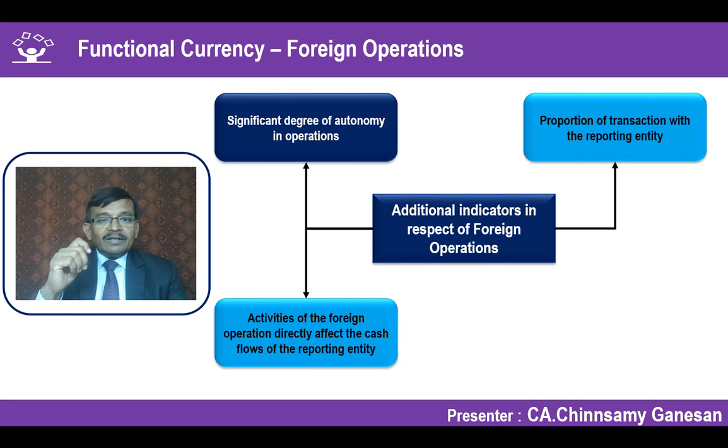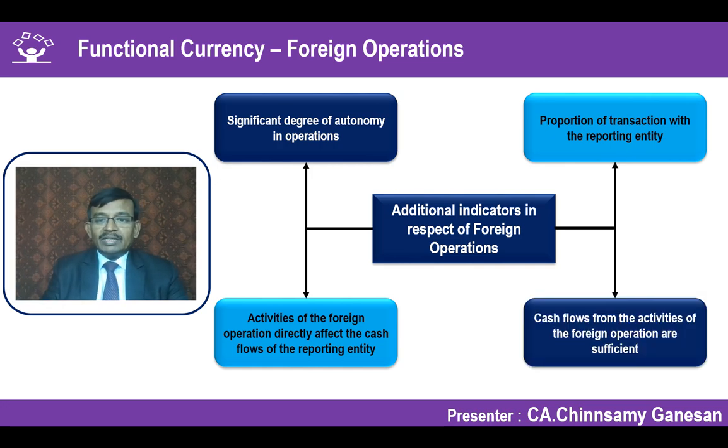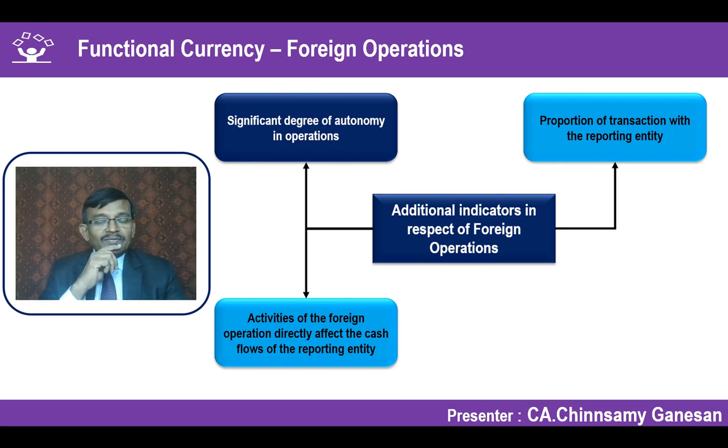Suppose the operations of the foreign subsidiary directly affect the cash flow of the reporting entity. One example which I can take, from whatever we have discussed, is that I have set it up only as a pass-through entity for some taxation benefit.